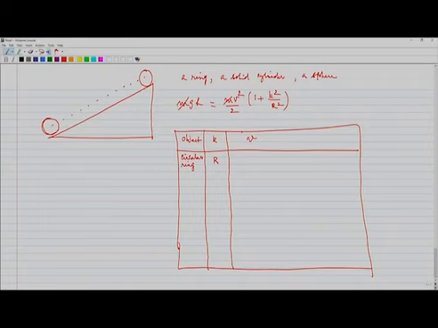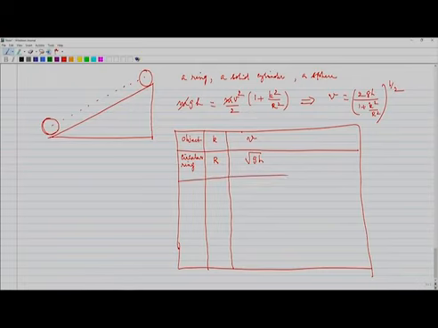I will get v equal to the square root of 2gh by 1 plus k squared by r squared. Since k is equal to r, the 2 and 2 will cancel, giving the square root of gh. This is what we will have for a circular ring.